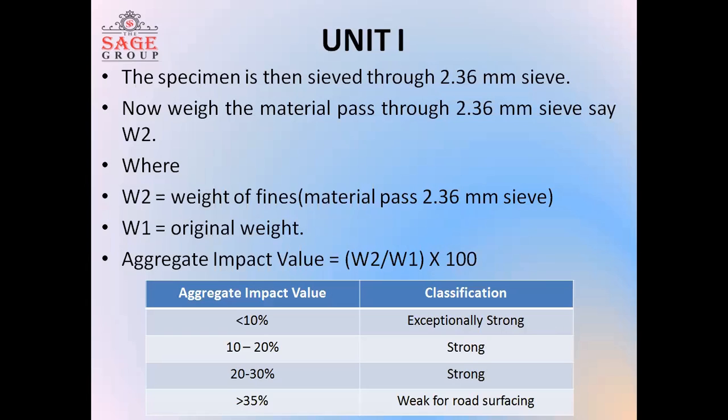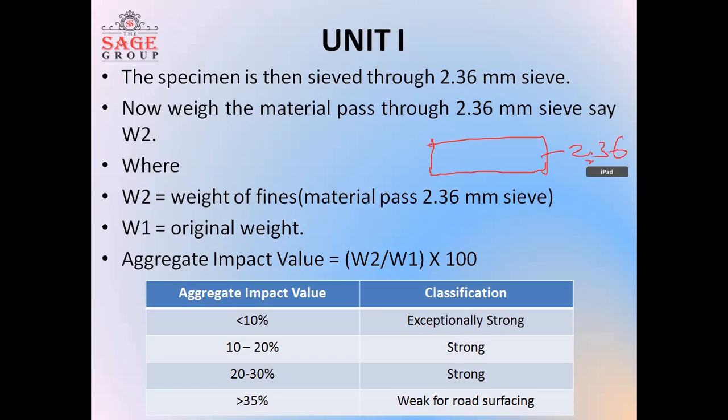After the 15 free falls of the hammer, the specimen is taken out and the stone pieces are sieved through an IS sieve of 2.36 mm size. Now, the weight of the stone pieces which pass through the 2.36 mm sieve is measured.